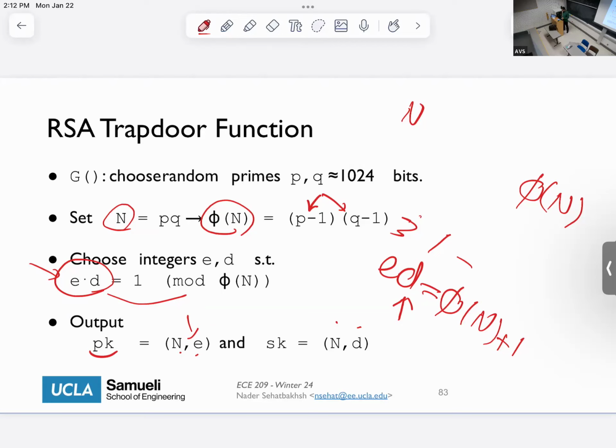But the whole point of RSA is that if I know n, finding phi of n is not easy. Why? Because I know that n is equal to p times q. So if I know n, finding p and q is not easy. In other words, breaking down the number into its prime factors is a hard problem. This is actually a known hard problem.